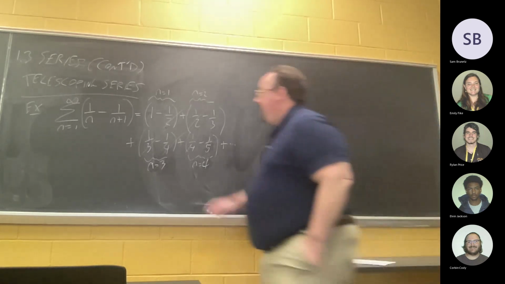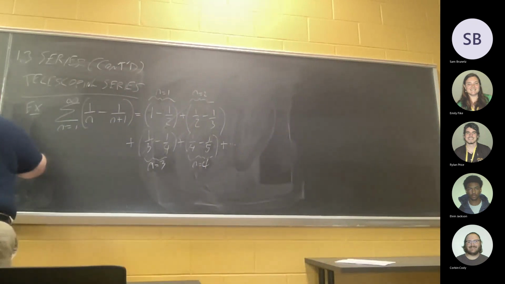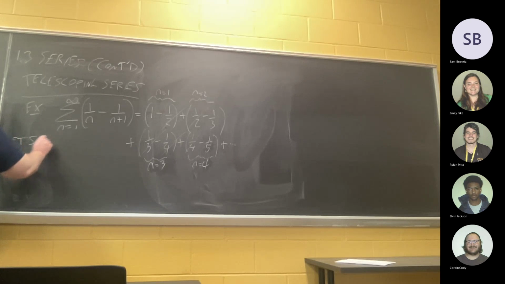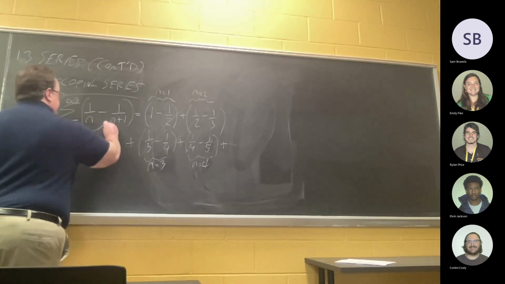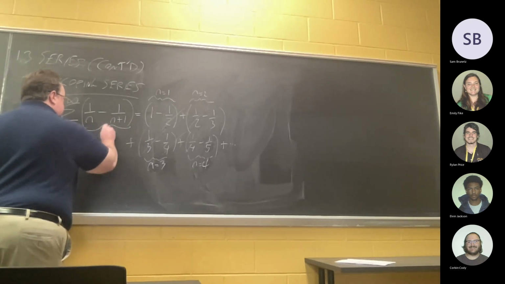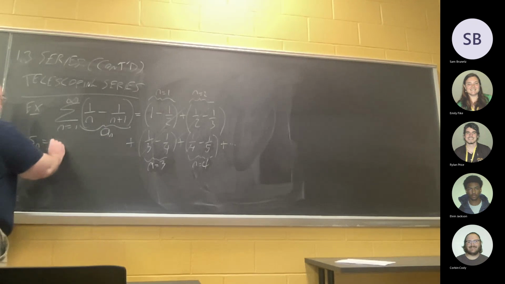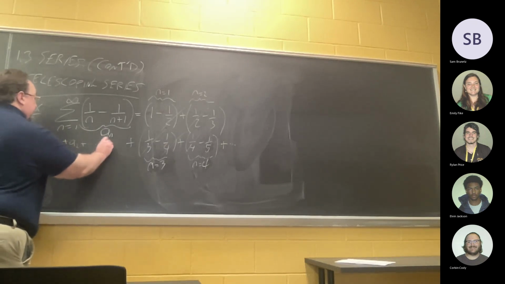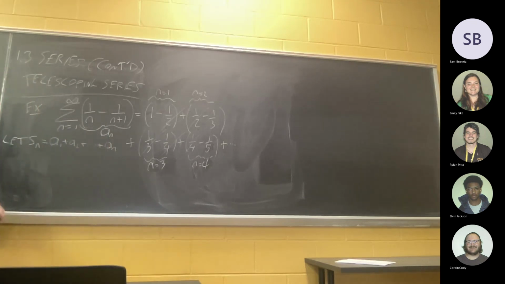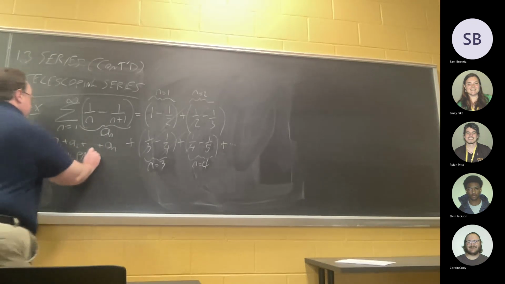So if I recall the definition of a partial sum. Okay, now I'm going to refer to this expression we're adding up as a_n as usual. So if I let S_n be a1 plus a2 up to a_n, the nth partial sum.